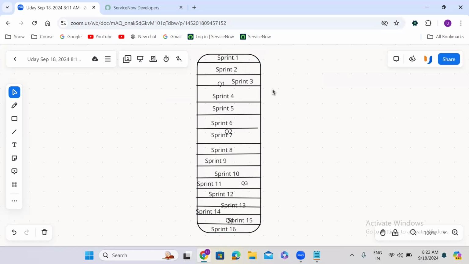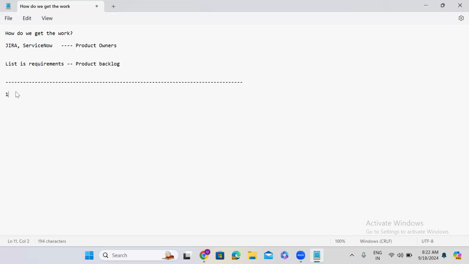See, 1 year is equal to 4 quarters. One quarter is equal to 4 sprints.